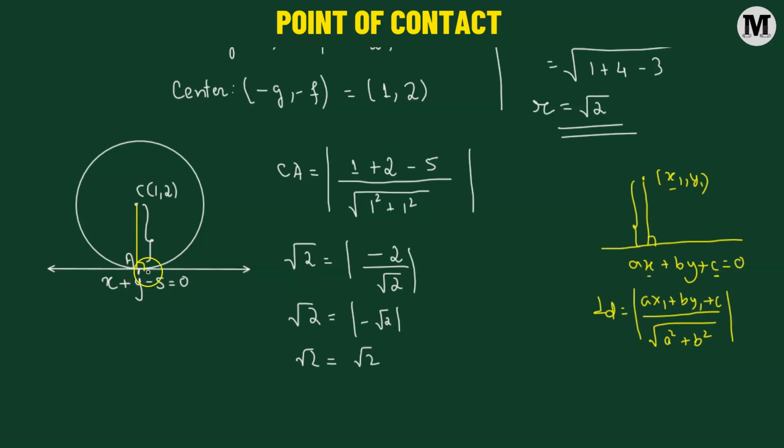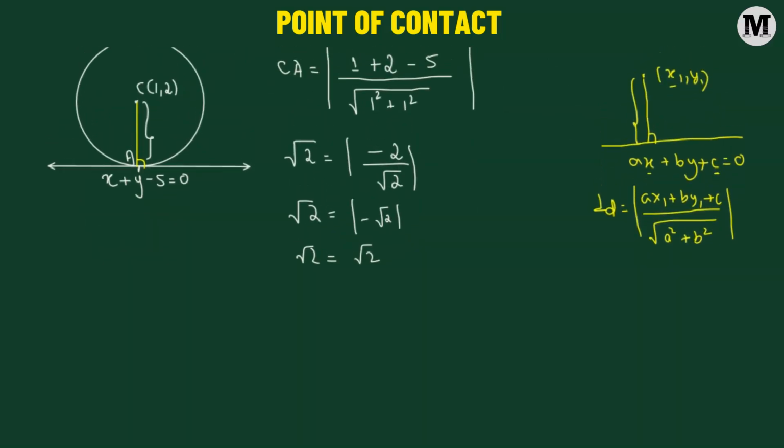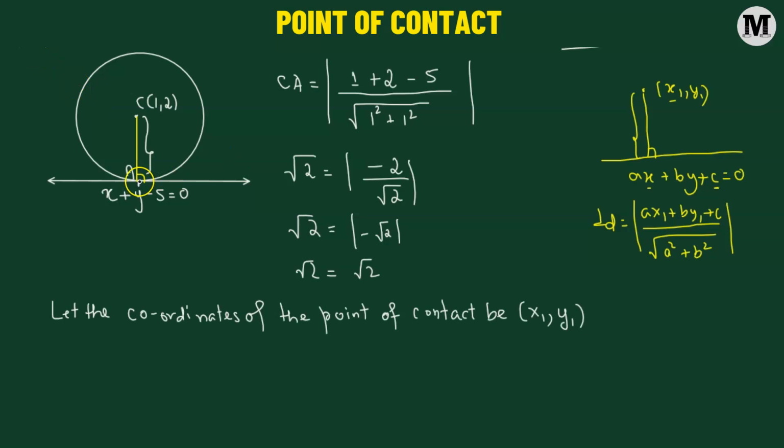Now our goal will be to find the coordinates of point A, the point of contact. So let us suppose that the coordinates of the point of contact are x1, y1. Now this point A is going to lie on the circle as well as on the straight line. Since it lies on the straight line, the point x1, y1 is going to satisfy the equation of the line. So we can replace x with x1 and y with y1.